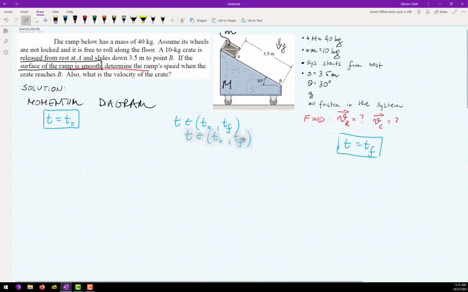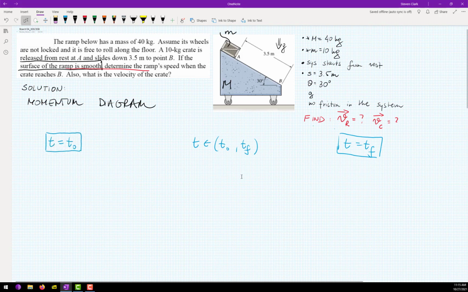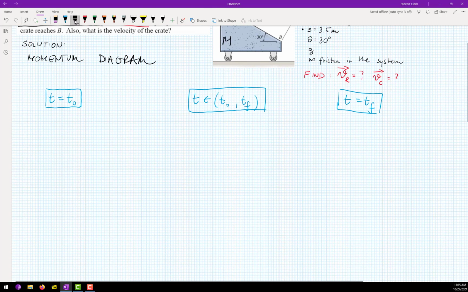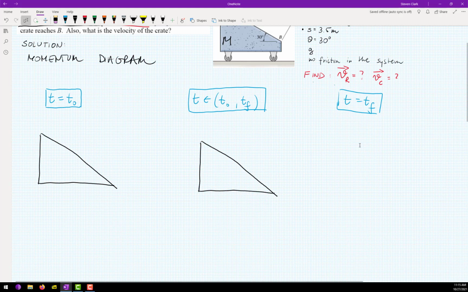Okay. Let's see if we are able to figure that out. It's a rhetorical question. Of course, we know how to do it. So I want to draw a ramp here, and I'm going to copy it here and here.